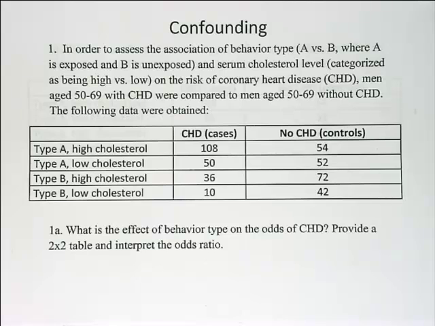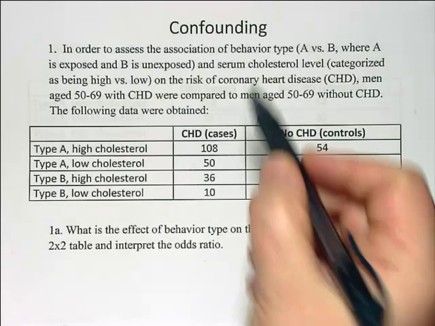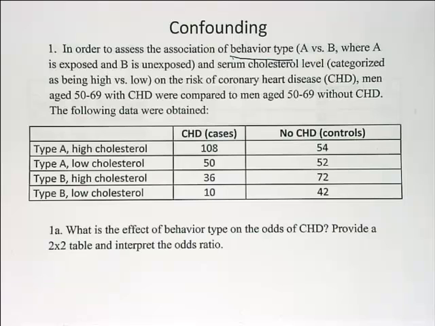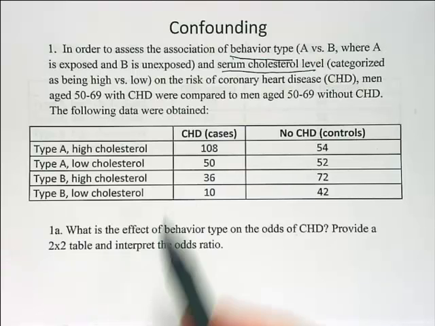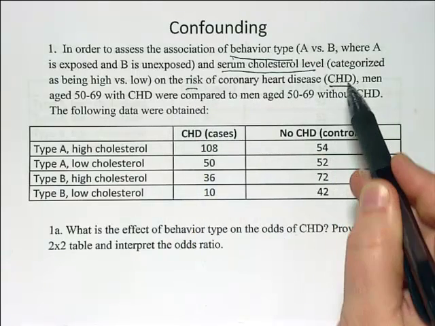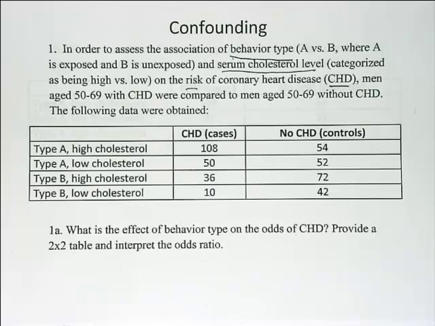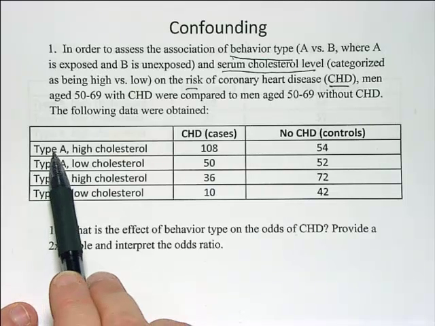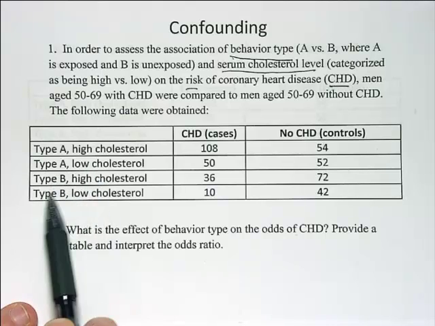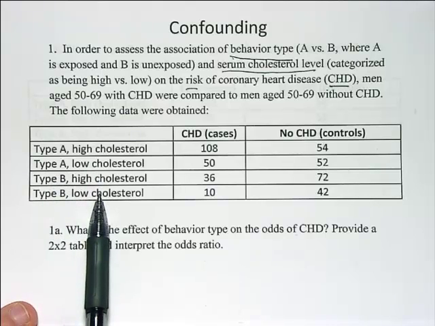For instance, if we were looking at a particular behavior type, like type A or B, representing exposed and unexposed, and serum cholesterol, which is a biomarker for what's happening within the arteries, and the actual impact on the risk of coronary heart disease, we would want to take the data that's collected and look at both of these factors simultaneously.